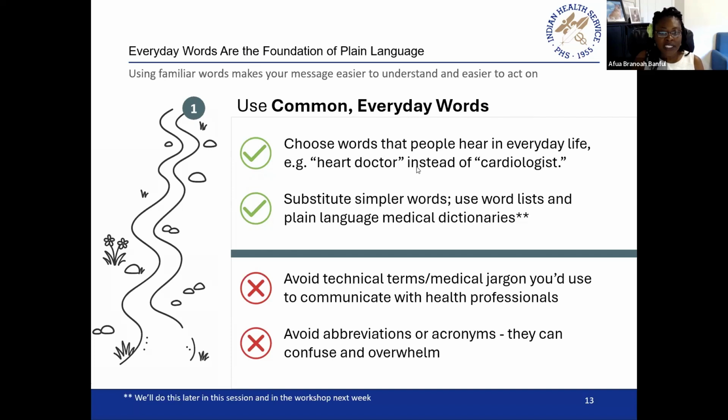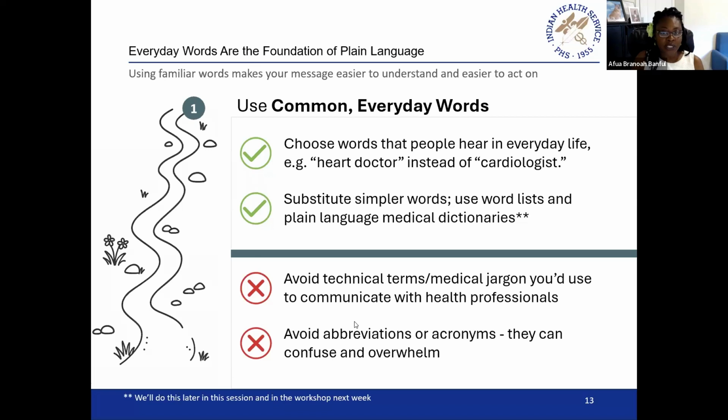And then substituting simpler words. This is actually not very easy to do. I was about to say trivial, and I changed it to easy in my mind as we are talking about this very thing. We will do this a little bit in the session, showing you the word substitution lists, which are very helpful, and then we'll also do it in the workshop next week.